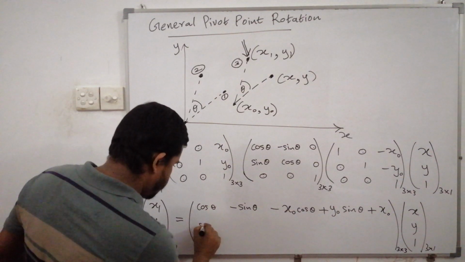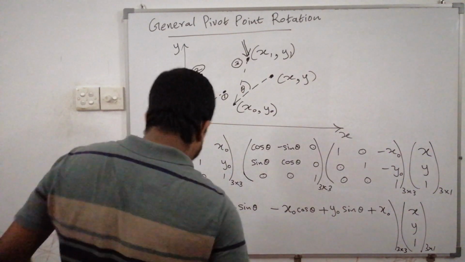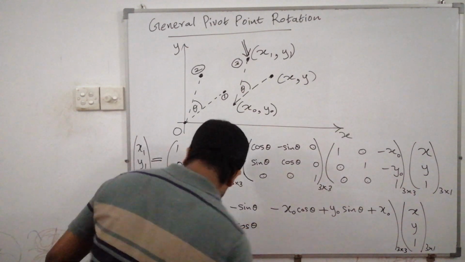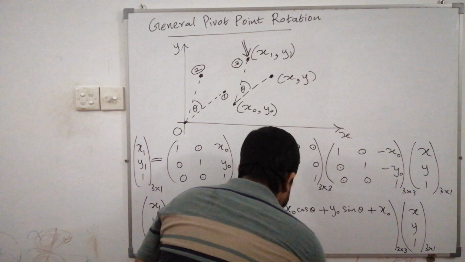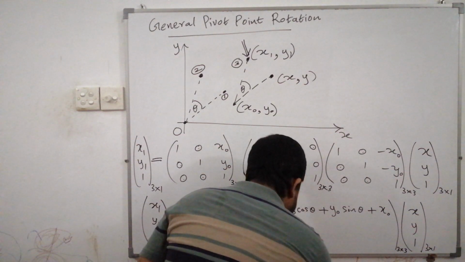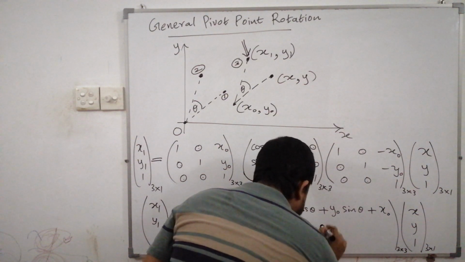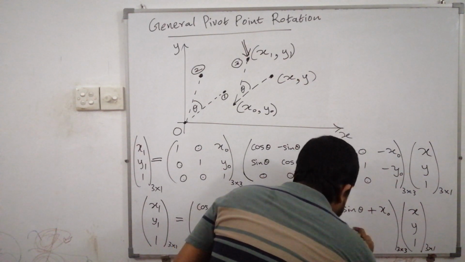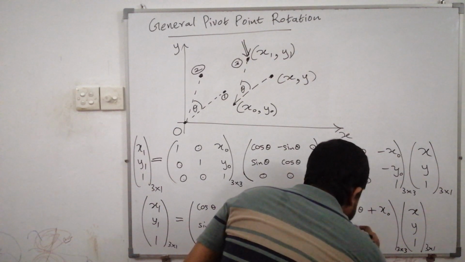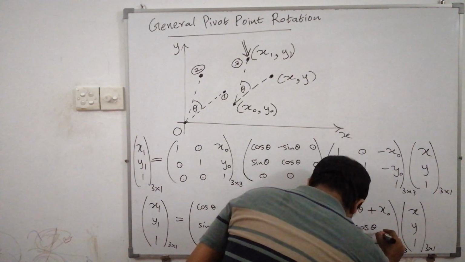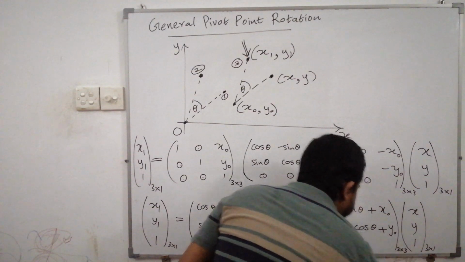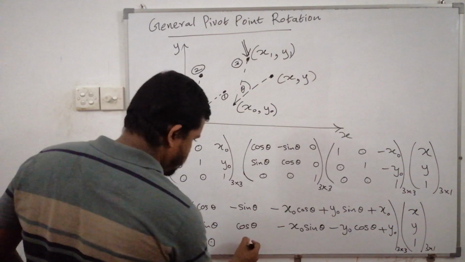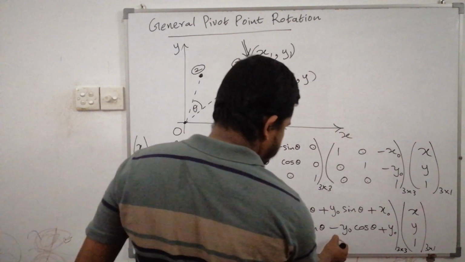Then sin theta, cos theta, minus x naught sin theta minus y naught cos theta plus y naught, then 0, 0, 1.